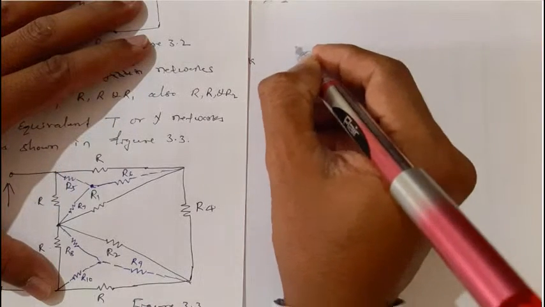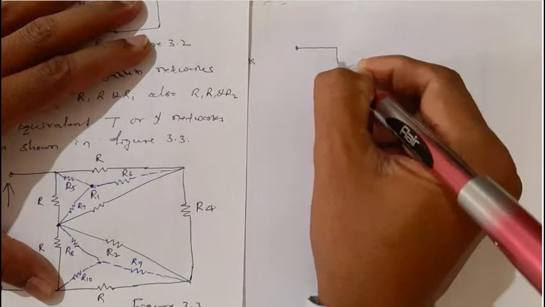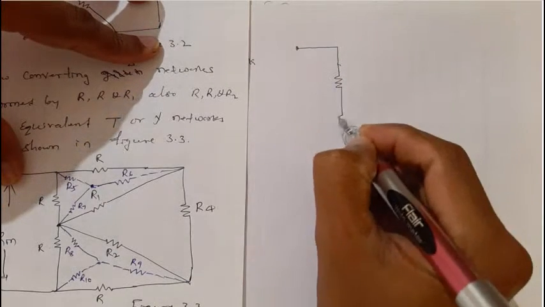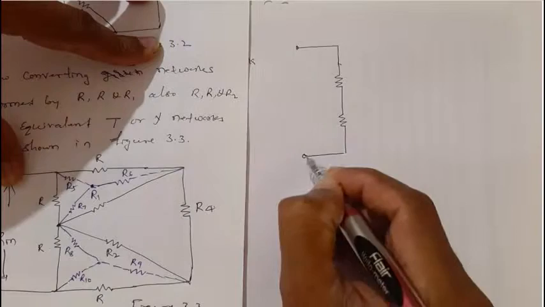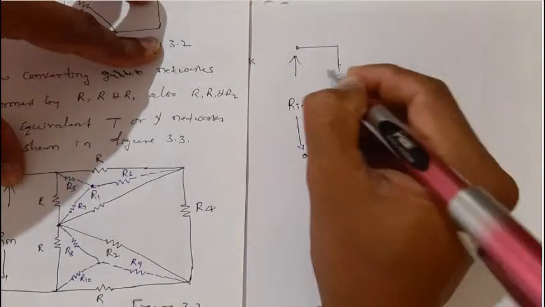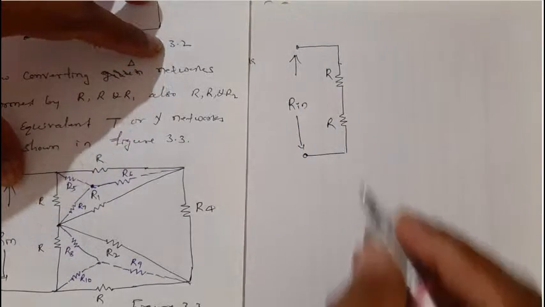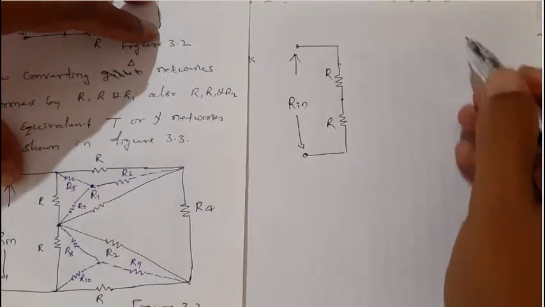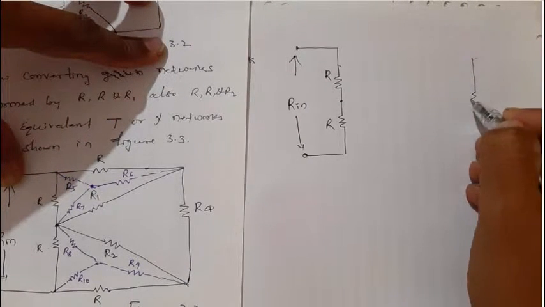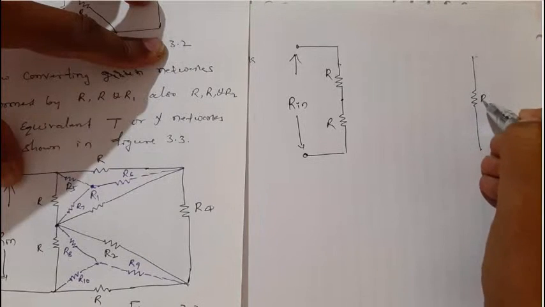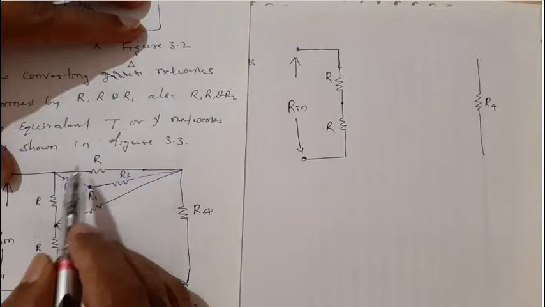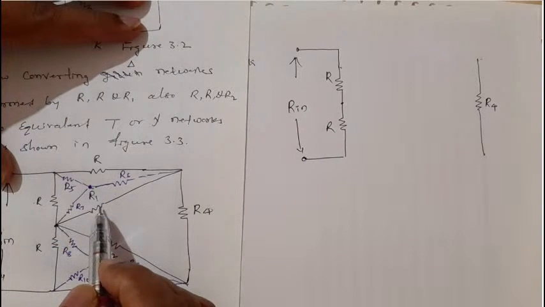Here this and this as it is, one is R and another one is this R, R in as it is. So this is R and this is R. Now this R4, I have not done anything to it, I will keep it as it is. Here you have R4, later I will consider it.